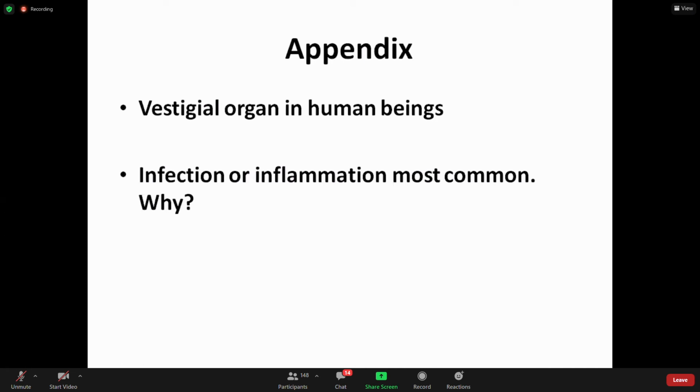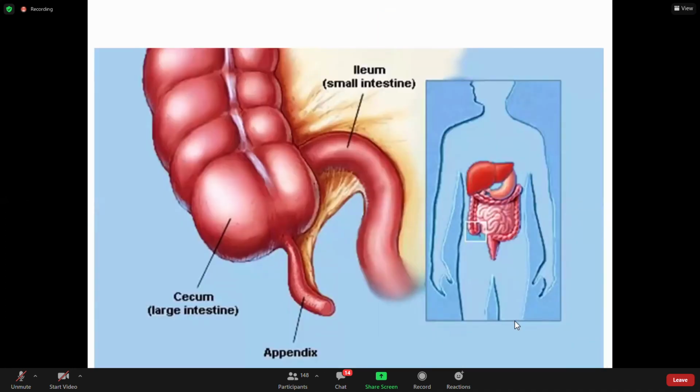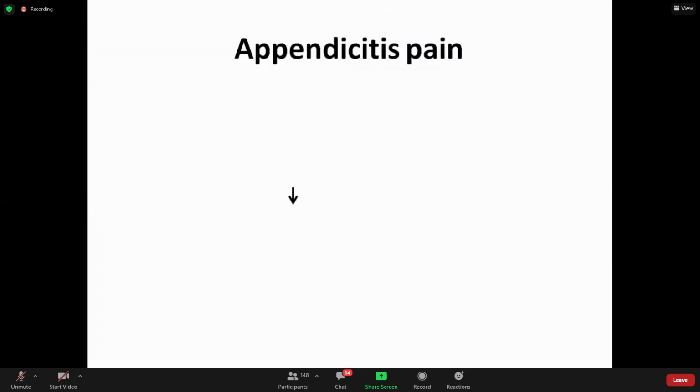You should know why infection and inflammation of the appendix is more common. What are the openings of the appendix, and its position. These are the different positions shown in this figure. You should know about the pain of appendicitis, which has something to do with the segmental supply of the appendix.